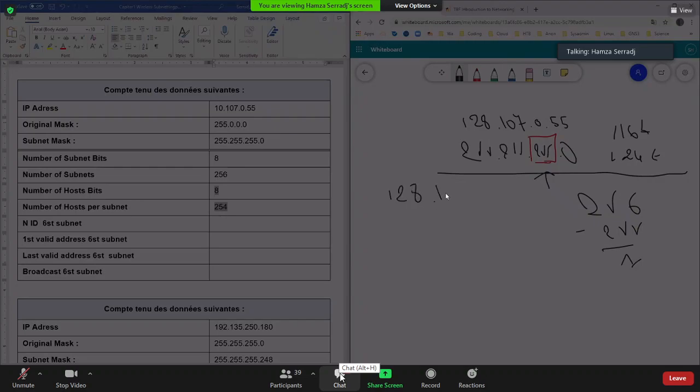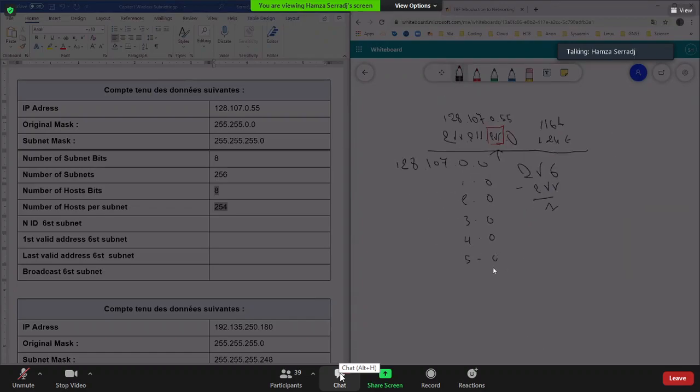128.107, right? So this is my initial. So I need to increment on the third position. So this is 0.0, 1.0, 2.0, 3.0, 4.0, 5.0, and so on. Well, I already have the sixth one here. This is the sixth network ID, right?